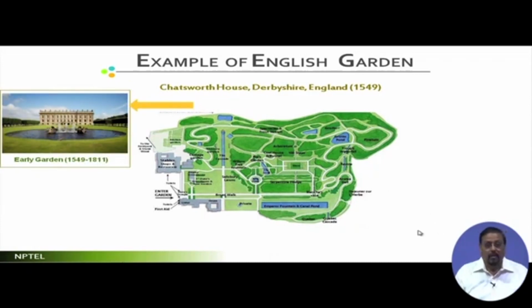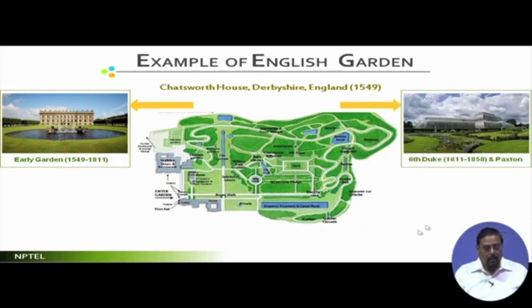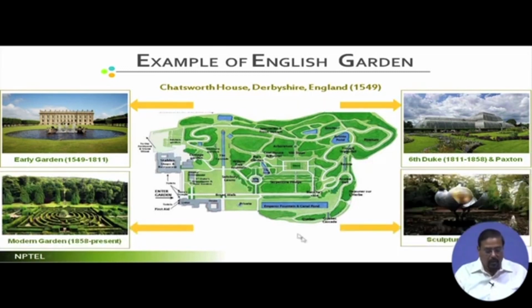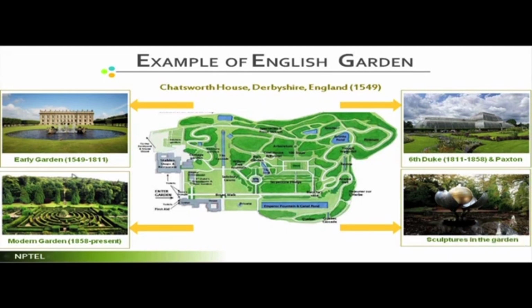Okay. It has the early garden, then it has the 6th Duke and Paxton, then we have the modern garden, and then we have the sculptures in the garden. Now, this is how the whole Chatsworth landscape style can be understood. In terms of time, 1540 the early garden, and now it has gone even till today.